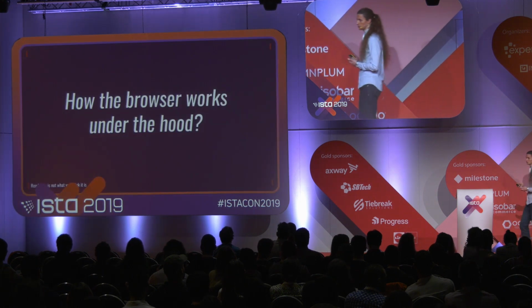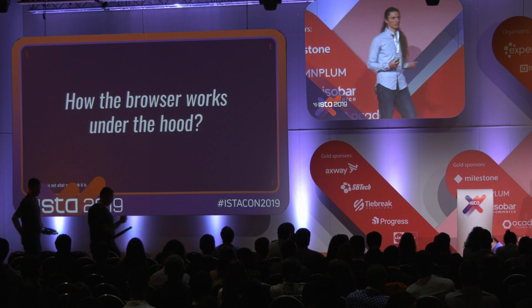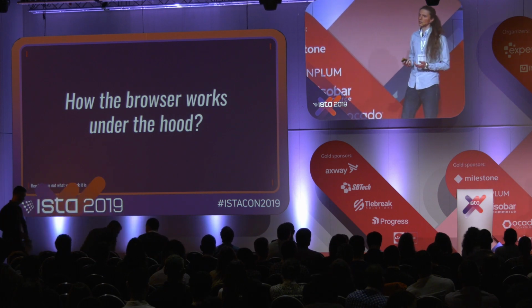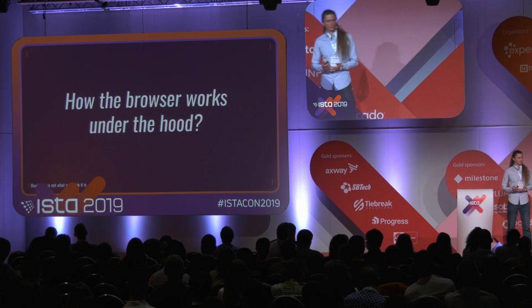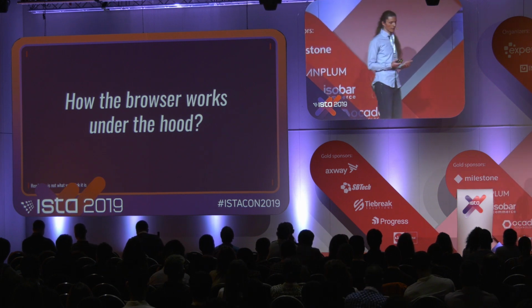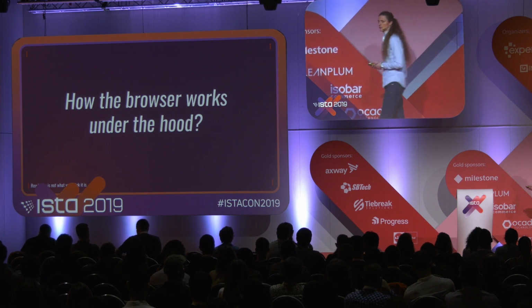So in order to make our pages render faster, we actually need to know in detail what happens under the hood, how the browsers take the HTML page and convert it to an image on the display of the users.